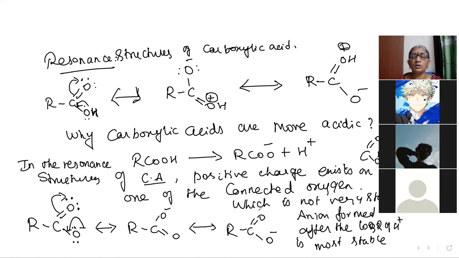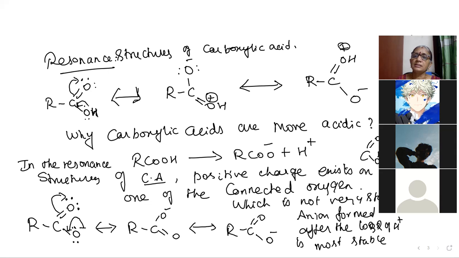In phenols also, phenol is more acidic than alcohols. There also we say the phenolate ion is more stable, but there only a single oxygen is bearing the negative charge. Why are carboxylate anions even more stable than phenolate ions? That is because the negative charge is delocalized.